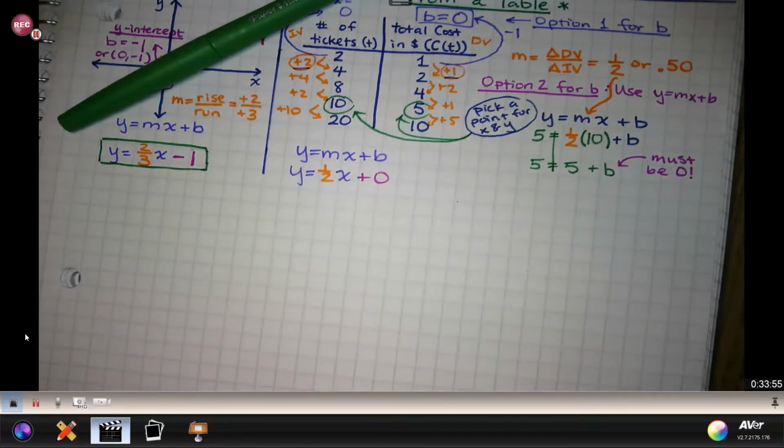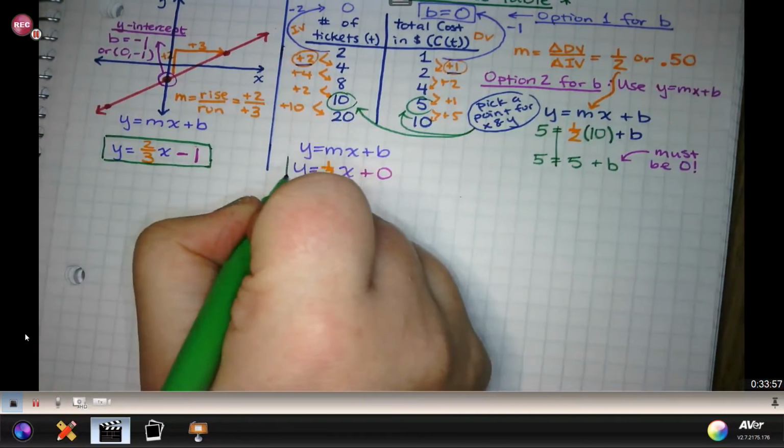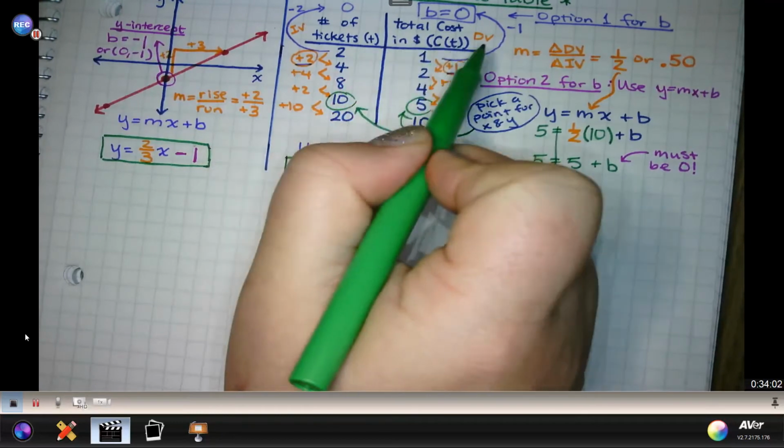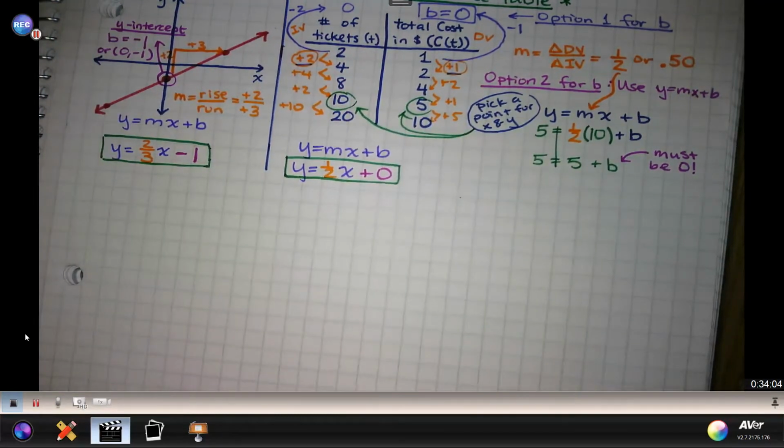Now, one thing I want to point out though is that if you look closely at this table, I actually give you some alternate things for function notation. So you can use those as well in your equation, and it will have the same structure, but it will look a little different.